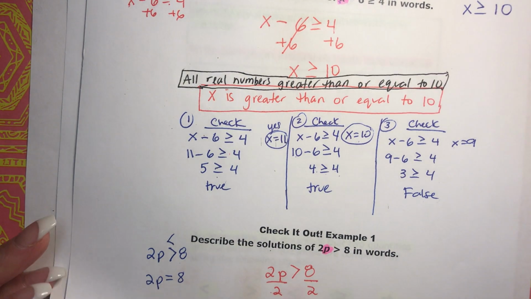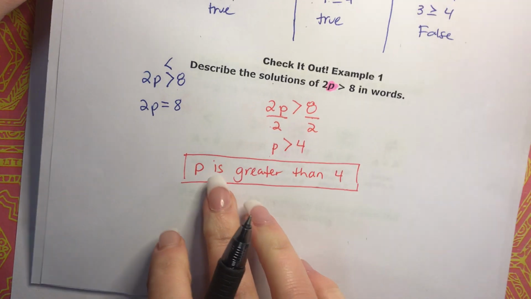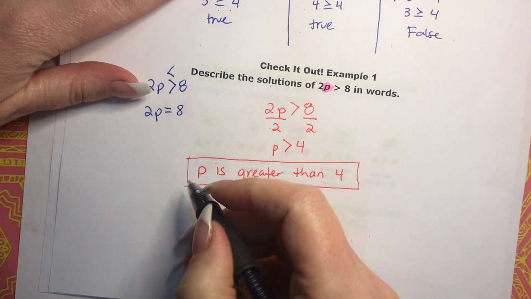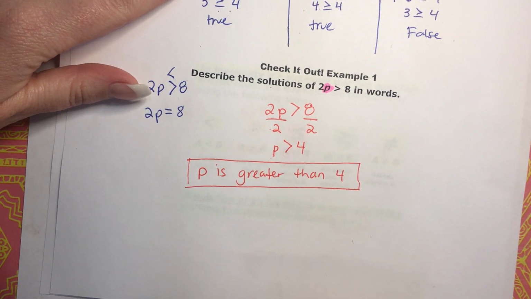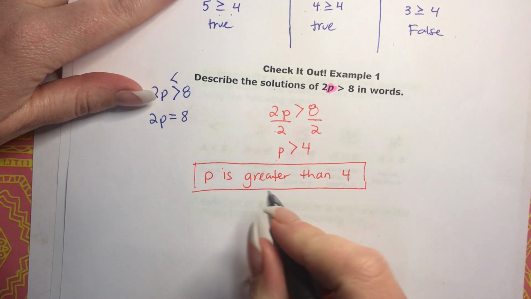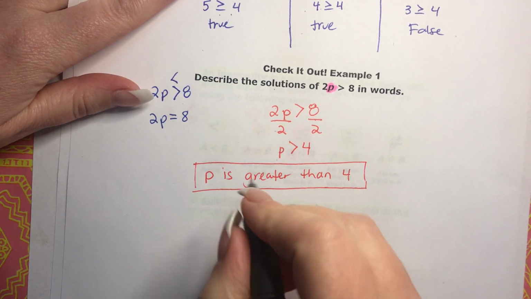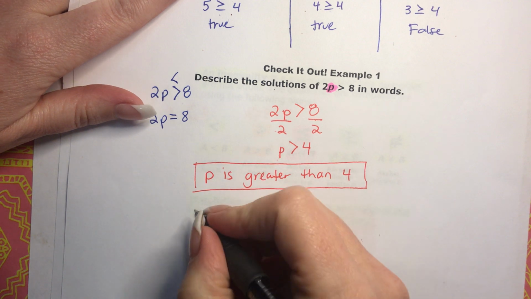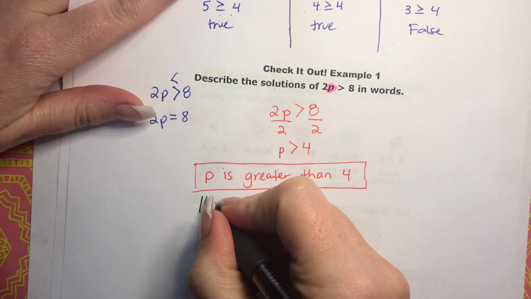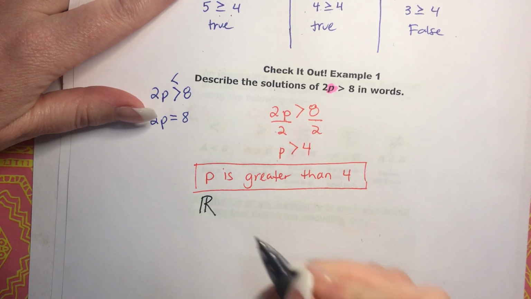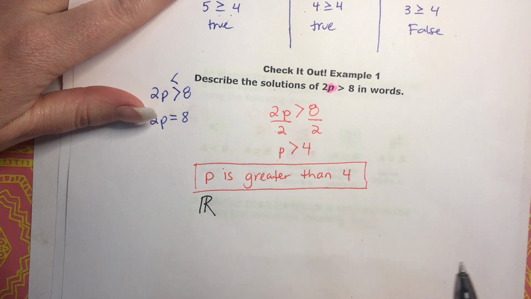And then we can go down here and do the same thing. For this one, our answer, instead of P is greater than 4, we'll say P represents all real numbers. And there's this really cool symbol you can use for all real numbers. It's like an R, but it has 2 lines like that. That just means all real numbers.